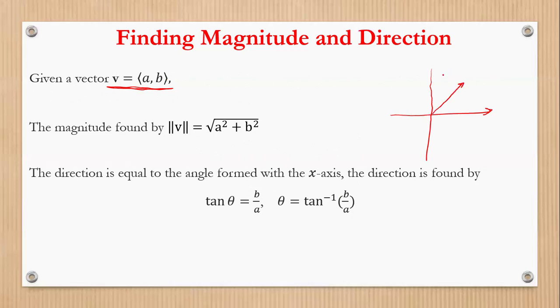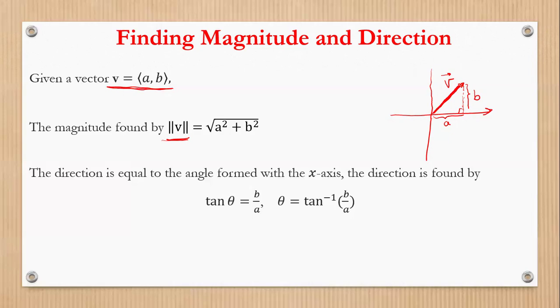That's my vector v. So the components of this vector are a and b, which means along the x-axis, the length is a, along the y-axis, the length is b. And as you see, we can create a right triangle here. And when we talk about the magnitude, we are talking about the length of this vector, which is the hypotenuse.